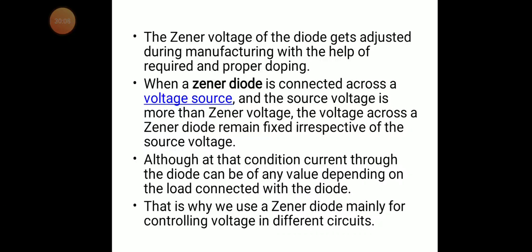Then what happens is, irrespective of source voltage, the output voltage of the Zener diode is the same as the Zener voltage only.